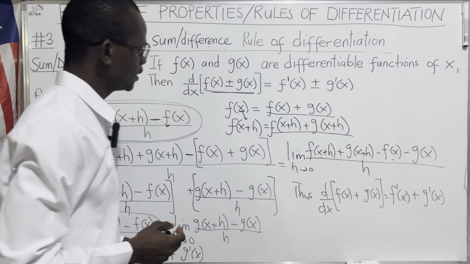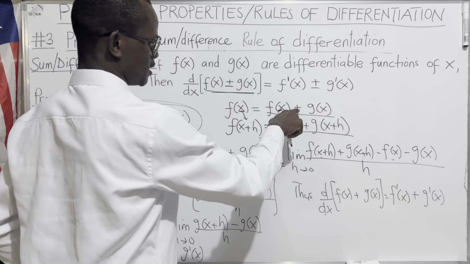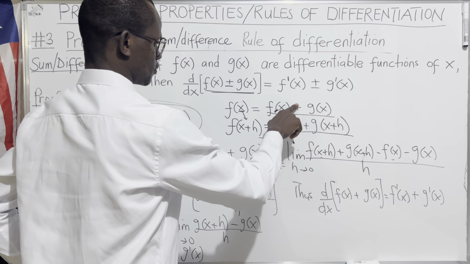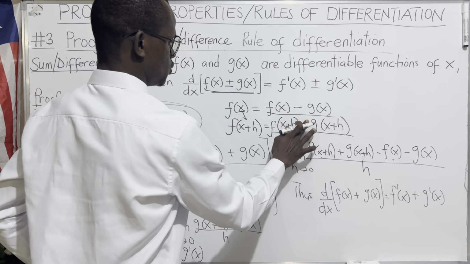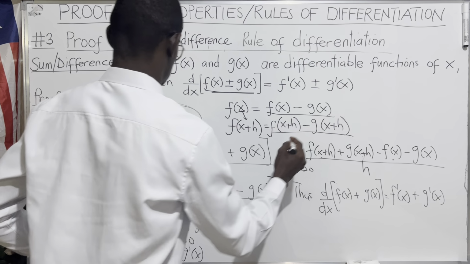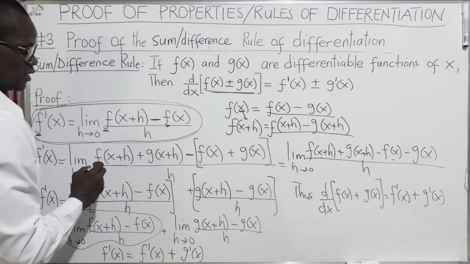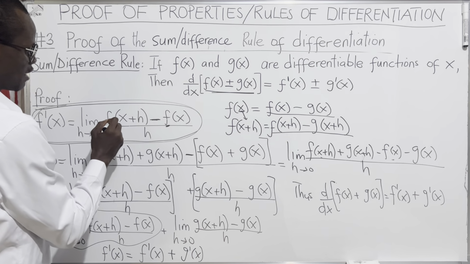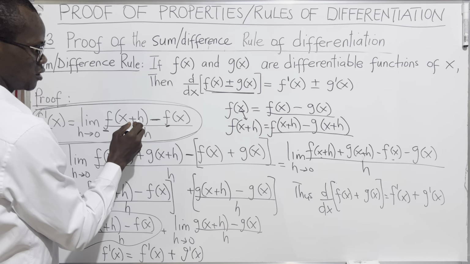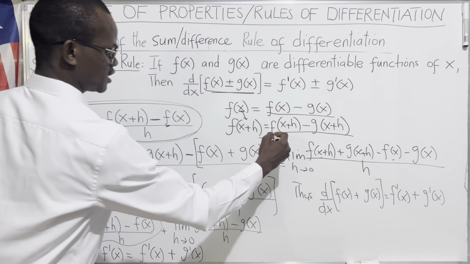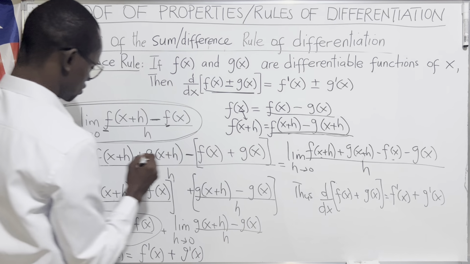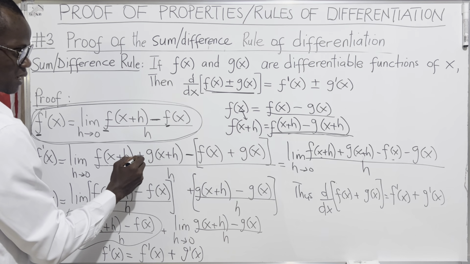So similarly, you can just replace this plus everywhere with minus. You come here in this first area where you have f of x plus h, and this expression was written right here with a plus sign between them.